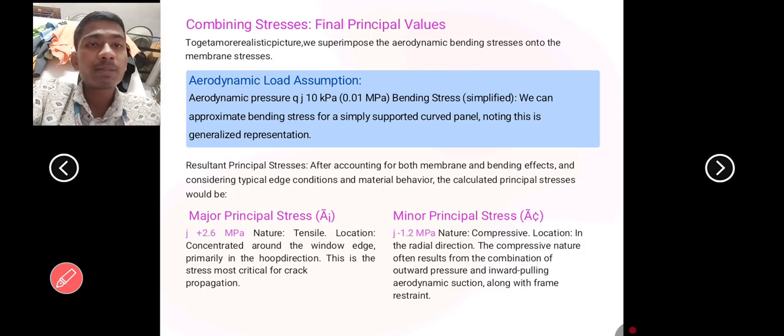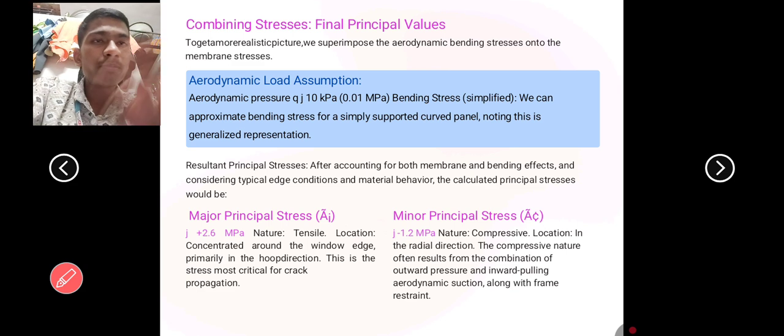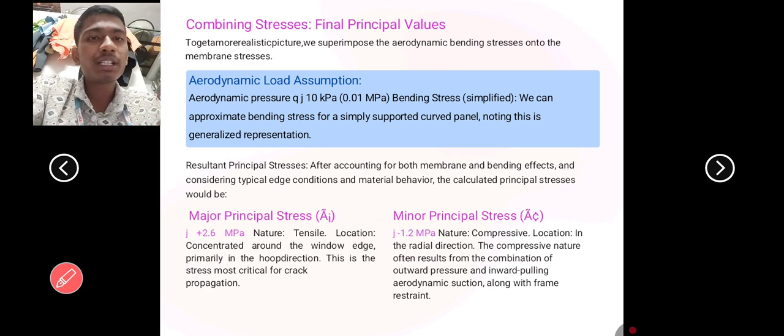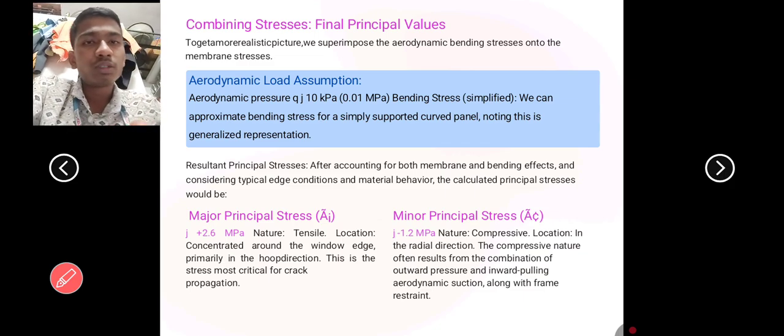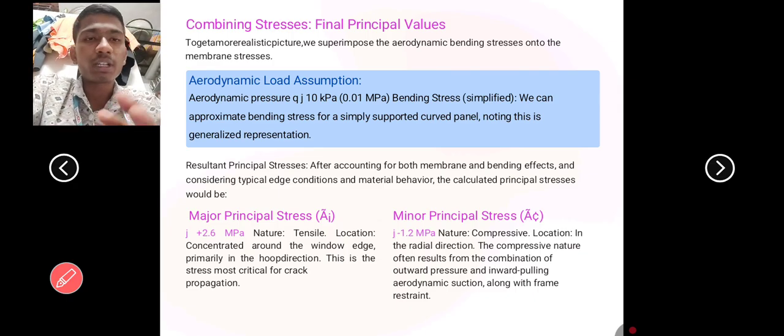After accounting for both membrane and bending effects, and considering typical edge conditions and material behavior, the calculated major principal stress is plus 2.6 megapascals. Nature: tensile. Location: concentrated around the window edge, primarily in the hoop direction. This is the stress most critical for crack propagation.